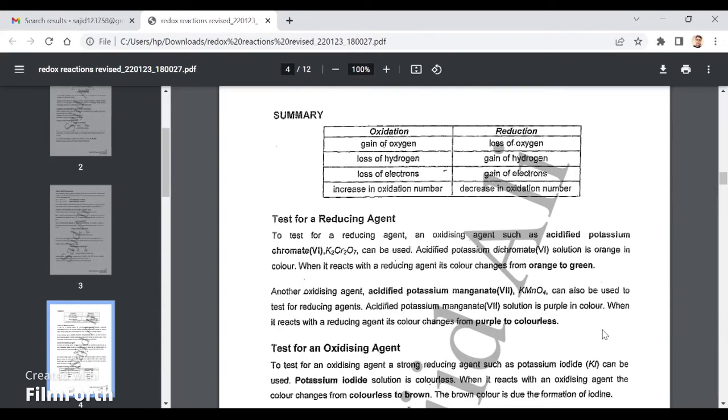So potassium dichromate(VI) solution बेटा किस कलर का होता है? ऑरेंज कलर का होता है. It is an oxidizing agent. इसको जब हम reducing agent के साथ रिएक्ट करेंगे तो ये अपना कलर चेंज करेगा definitely from orange to green.